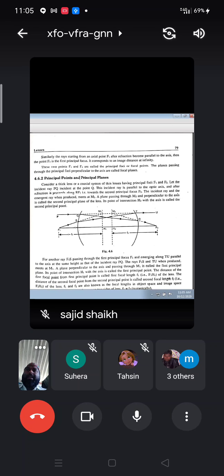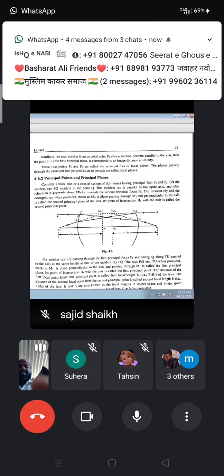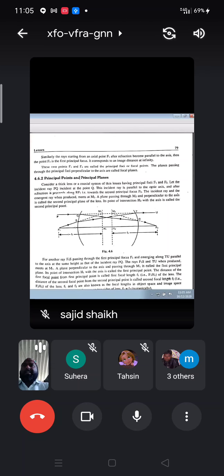Then the principal points and the principal planes. As we have seen the principal foci F1 and F2, another diagram is shown below. We are not going into detail of this, but we should know what the principal points and principal planes are.